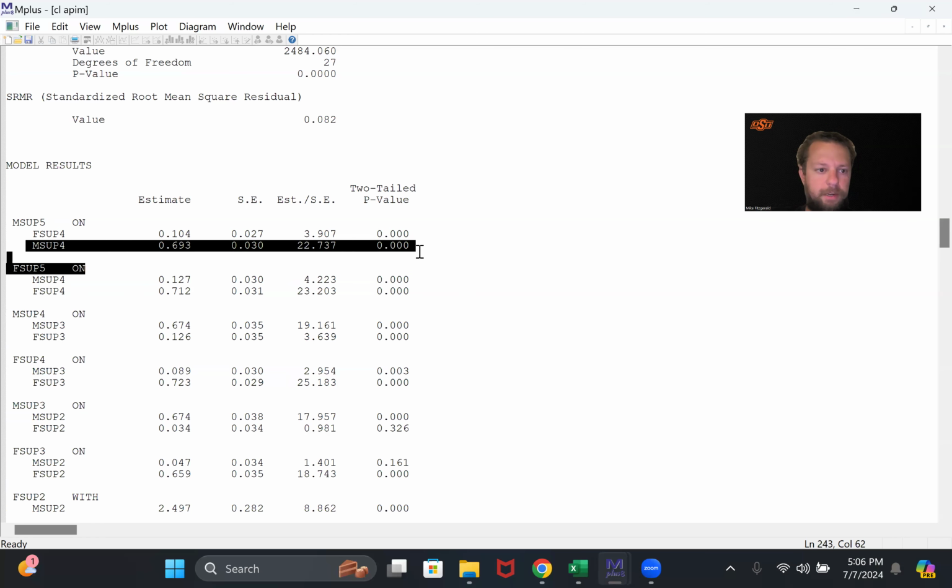So what we have here is an actor effect, and these are unstandardized. A 1 unit increase in male support at wave 4 is associated with a 0.693 unit increase predicting variance at wave 5.